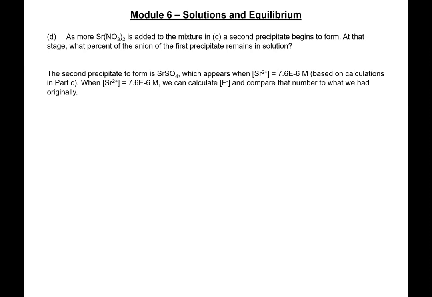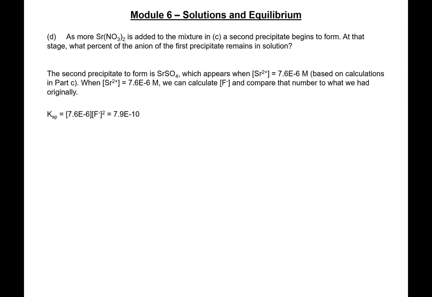All right, so as we just said, the second precipitate to form is strontium sulfate, and we know that will appear when the strontium ion is 7.6 times 10 to the minus 6. We just got that number in part C, right? So when the strontium ion concentration is 7.6 times 10 to the minus 6, now we can calculate the fluoride, and we can compare that number to what we had originally.